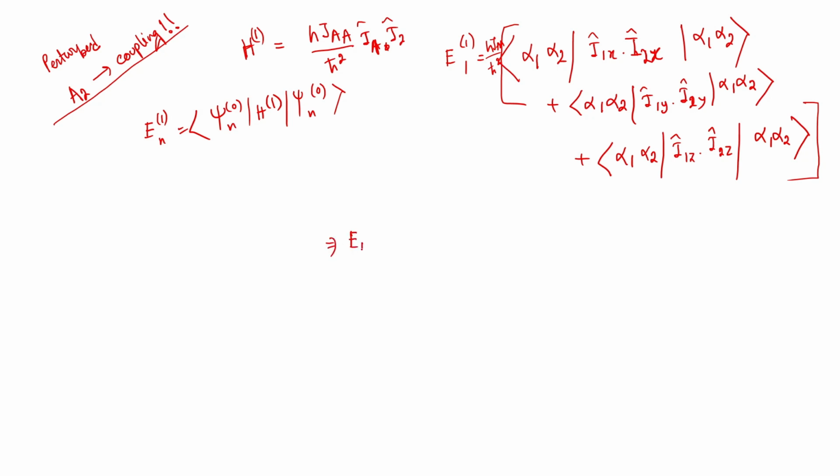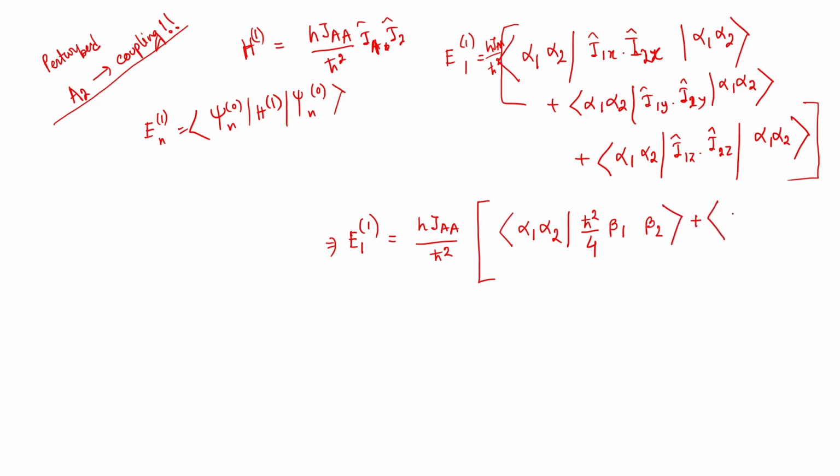So E1 we are going to get something like, so h J A by h cross square is already there. Now alpha 1 alpha 2, I1x operating on alpha 1 gives us beta 1, and the next one will give us beta 2, and in total will give us this, right?